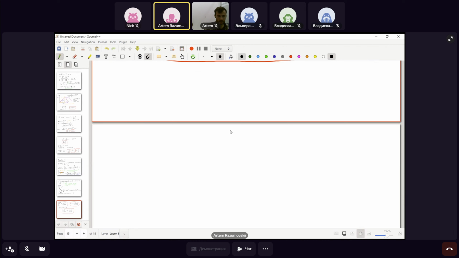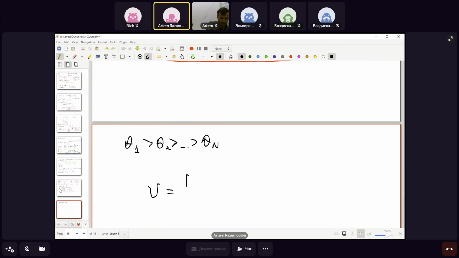So now let's consider n agents so that we have theta 1 greater than theta 2 and so on to theta n. So these are the types of the agents, so that any agent from first to n has their own type, and the utility is defined as theta i plus some function f(n) minus p.